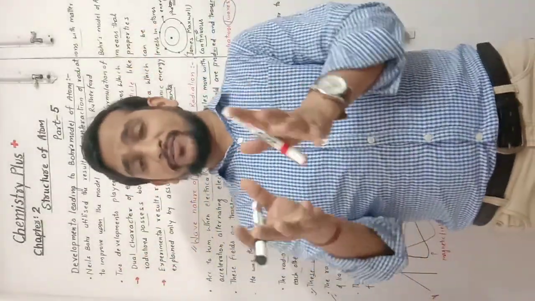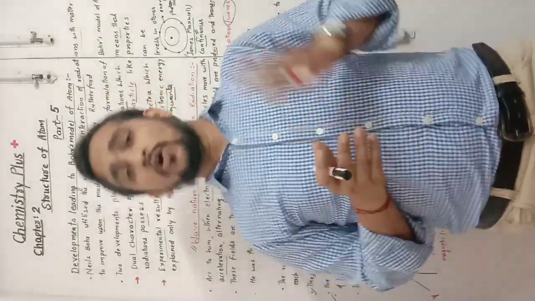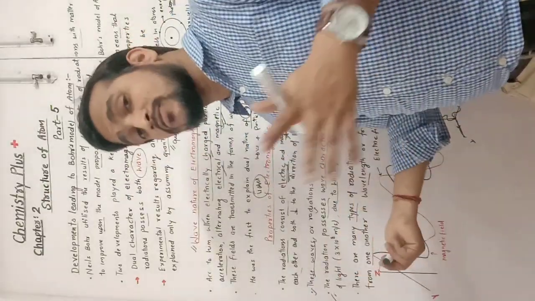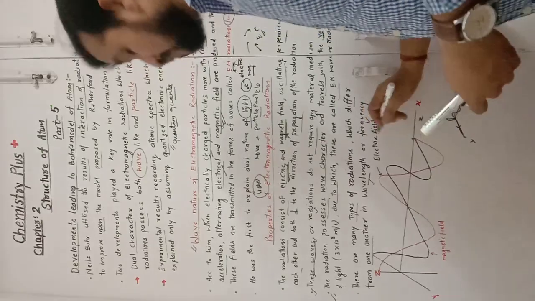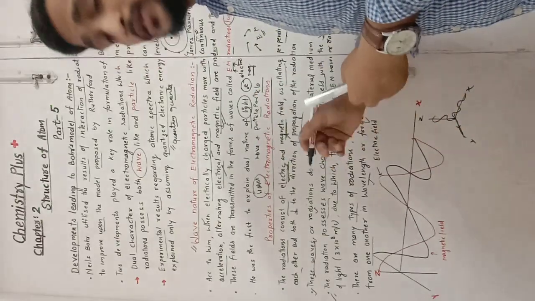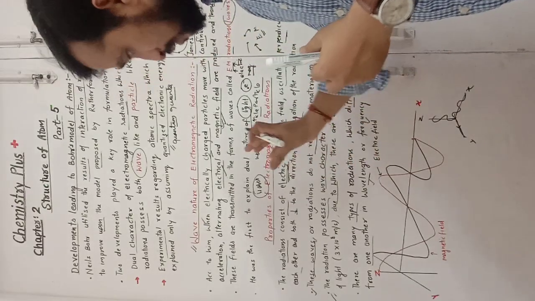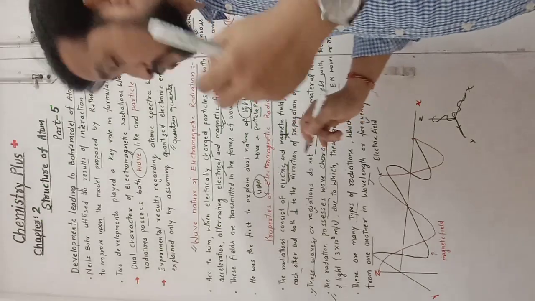This is the difference between the various kinds of waves, whether electromagnetic waves, light waves, or any other waves. These waves may differ from one another in terms of wavelength, frequency, and many more terms related to the wave. So these are the properties of electromagnetic radiations or electromagnetic waves.